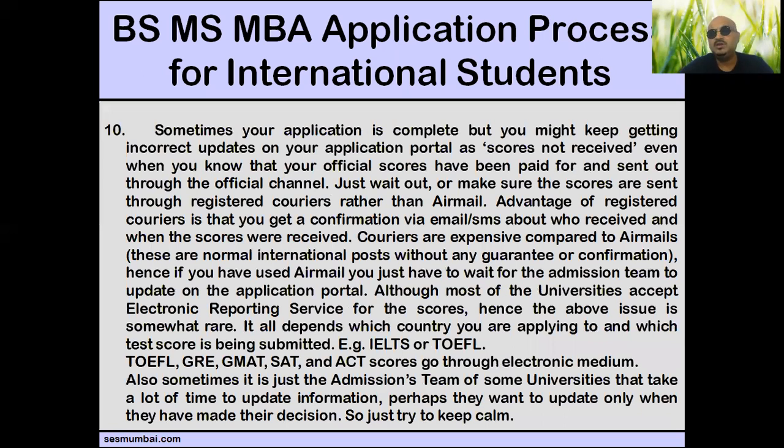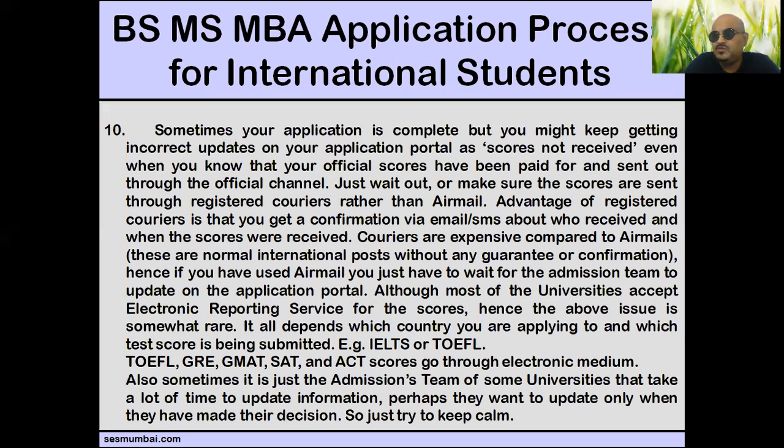Sometimes your application is complete, but you might keep getting incorrect updates on your application portal, such as scores not received, even when you know that your official scores have been paid for and sent out through the official channel. Just wait it out. Make sure the scores are sent through registered couriers rather than airmail.